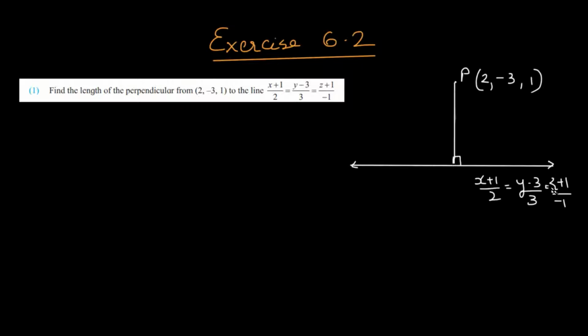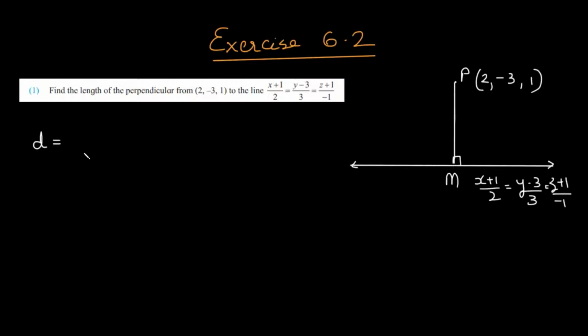This is the equation of the given line. So we want to find this perpendicular distance, and M is the foot of the perpendicular. Let us consider it that way. Now suppose we want to apply the given formula which we learned just now, that is distance of the point P from the given line r = a + lambda b.